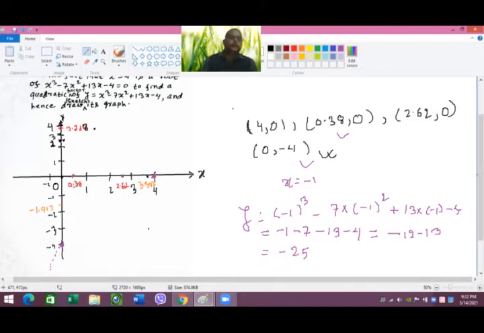Okay. Next, I will check a value between x equals 0 and x equals 0.38. You know that the curve passes through this point because at this point the value of x is 0. But what happens before that? So we'll check between x equals 0 and 0.38. Let's say that value is x equals 0.2, and do the similar work that I have done by taking x equals minus 1 in this equation.